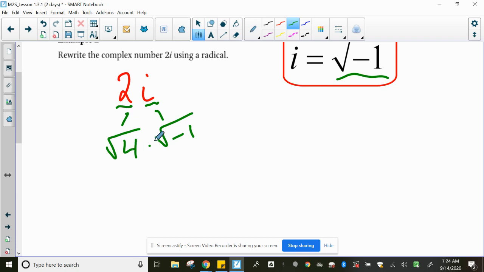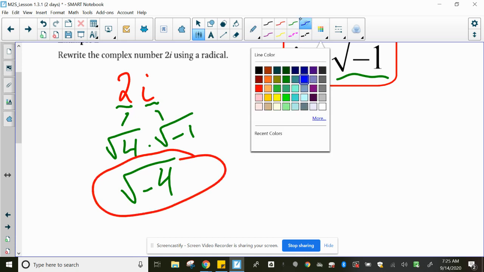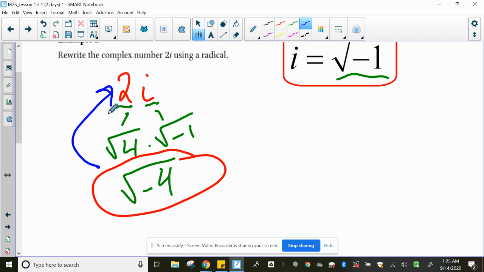We can just multiply the numbers on the inside. So this is the same thing as square root of -4. So square root of -4 is the same thing as 2i. Let's do some practice problems with this.